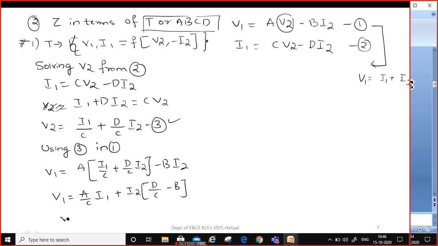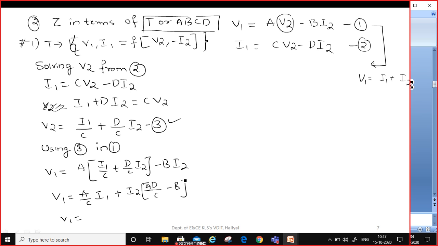If you solve it further, here this is A multiplied, right? So here also we should get A into D. Okay, now it is clear, right?